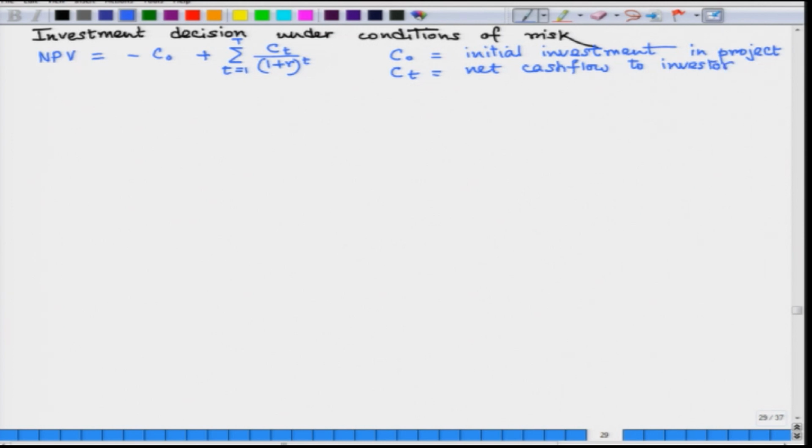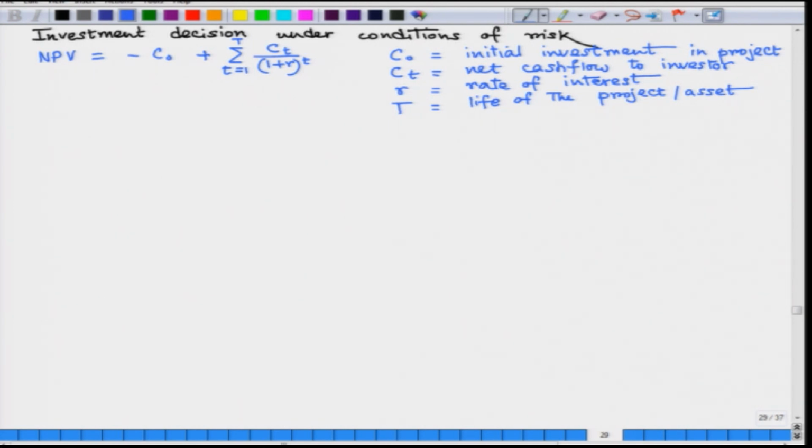And we are also going to have a positive rate of interest, and then finally T is basically the life of the project or asset. So, you can also assume that there are cash flows from an asset.